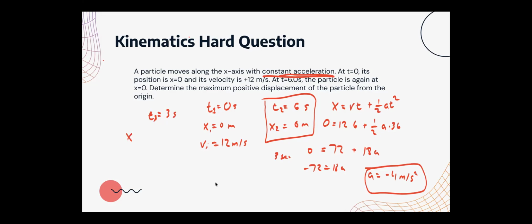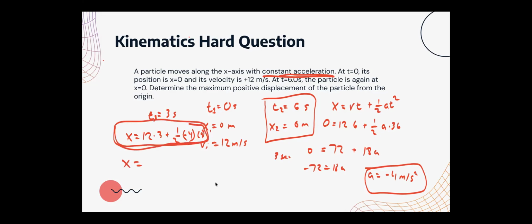So now we can finally solve for x, right? 12 times 3 plus 1/2 of negative 4 times 9, right? I did that right, correct? This is what we get once we input it back.